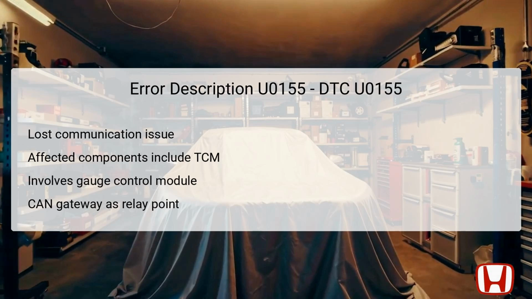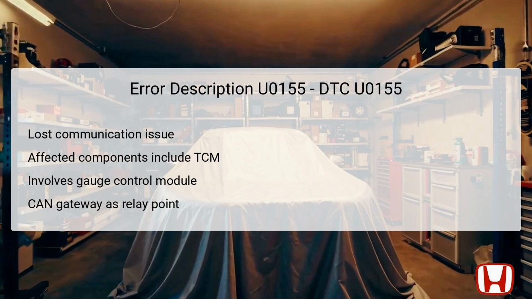DTC U0155 signifies a lost communication scenario primarily affecting the gauge control module located within the vehicle's dashboard. This module is responsible for providing various readings such as speed, RPM, and fuel level to the driver.